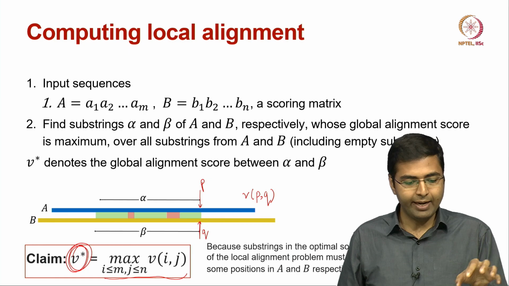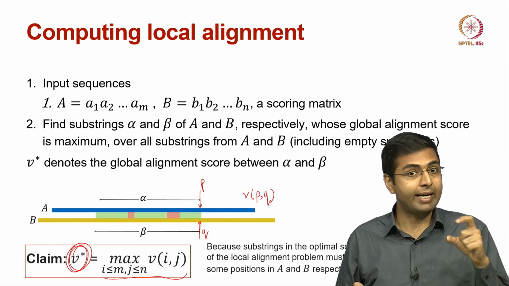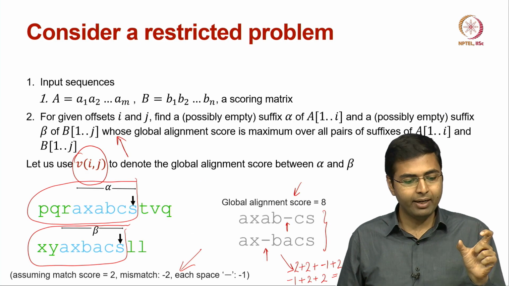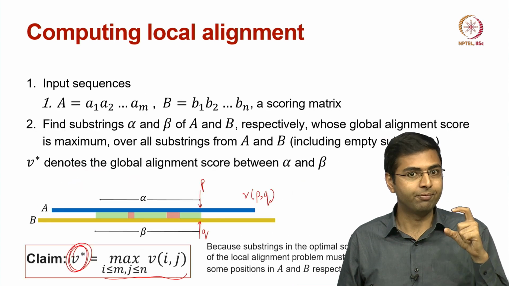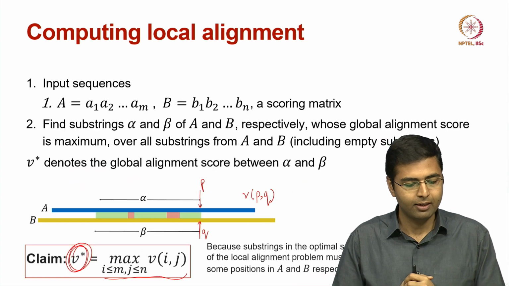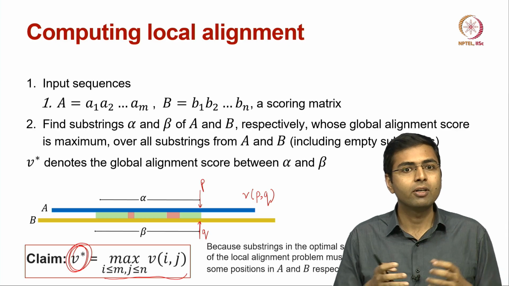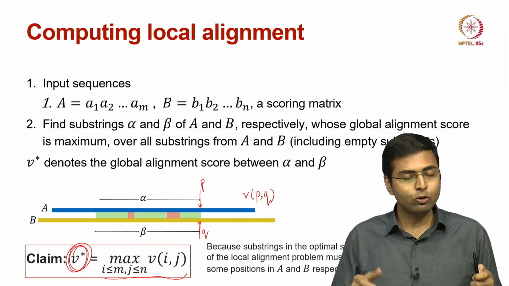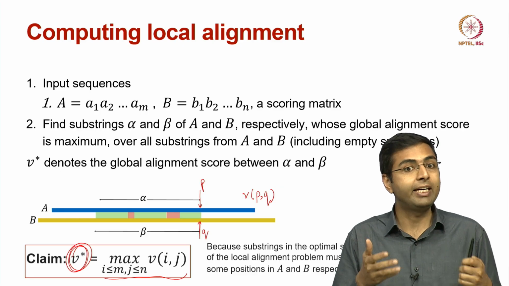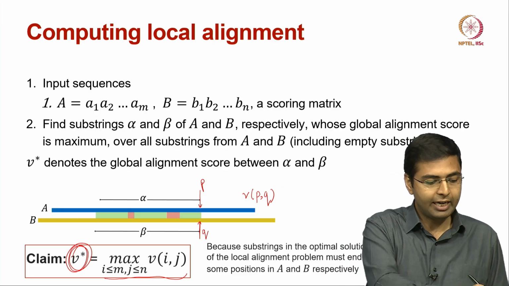Depending on where these alpha and beta strings end, they would have been considered for that particular value of i and j. Therefore, if I can solve this restricted problem efficiently, I can solve my local alignment problem efficiently as well, because of this relationship.